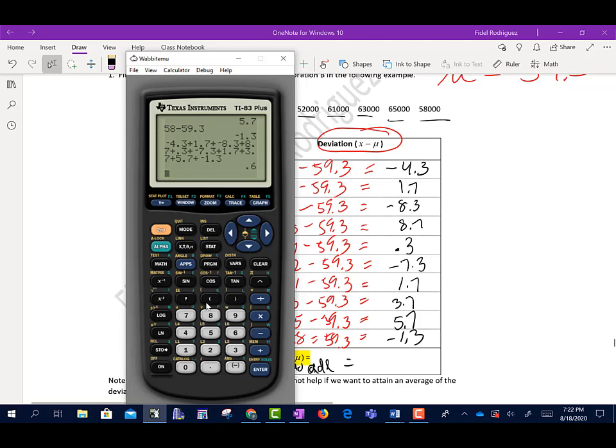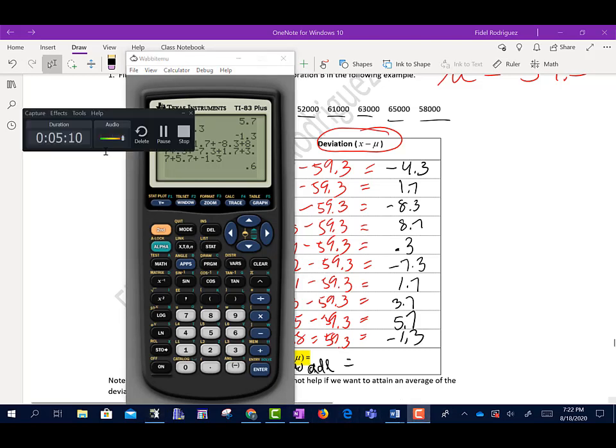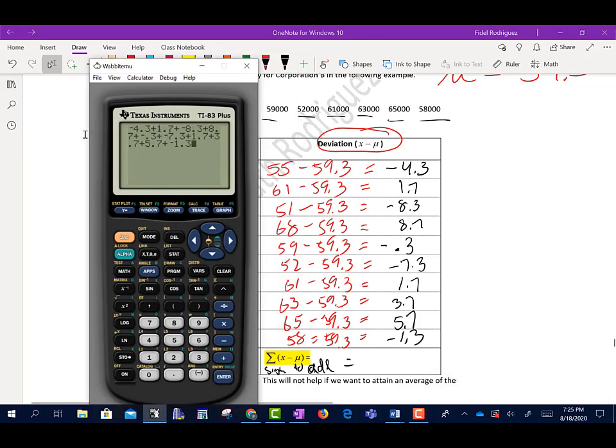Oops, let me see if I can find it, okay? Let me pause, I'll be right back. Okay, so I had made a mistake right here. It's supposed to be a negative, and I forgot to put it. All right, so I put all the numbers in, add them all up, and look what we get.